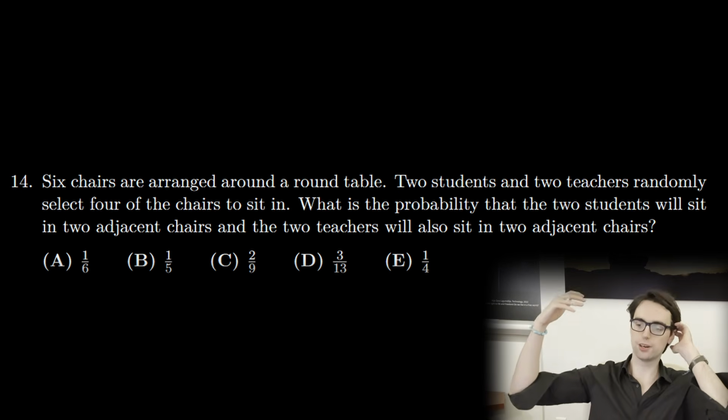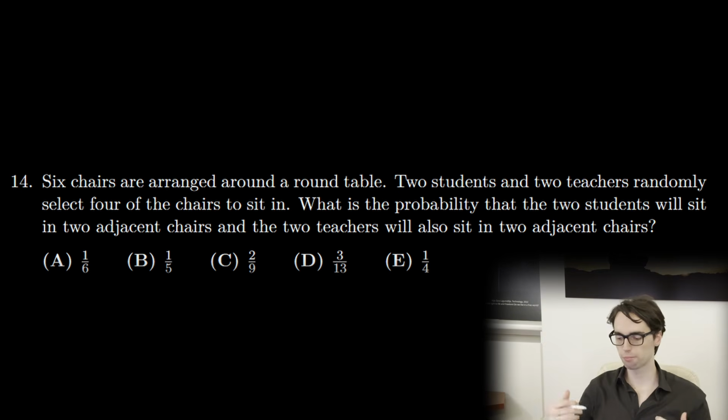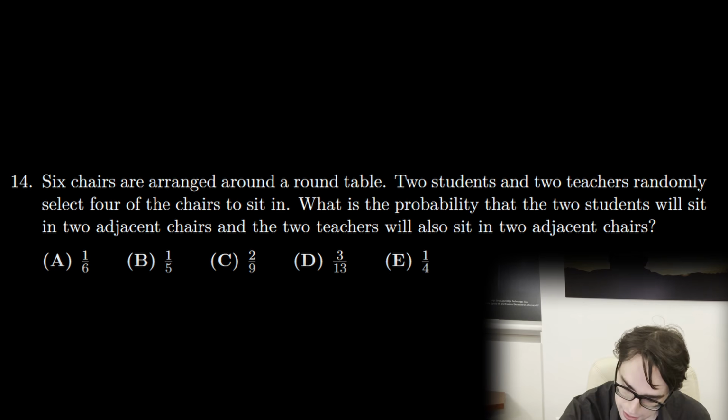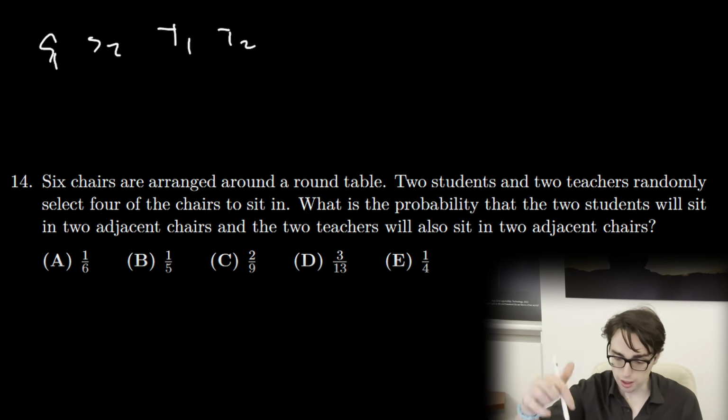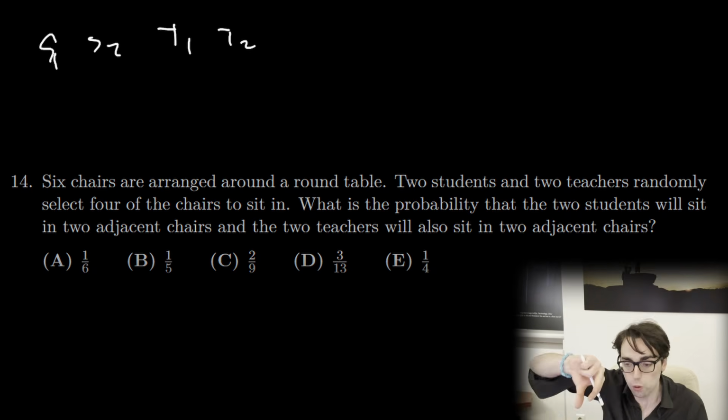Here's the very cool thing about this. You don't know the teachers' names, and you don't know the students' names. But what you can do is look at them as student 1, student 2, teacher 1, teacher 2. Call them Alice and Bob, John and Jackie, and say we're looking at where we're placing them.